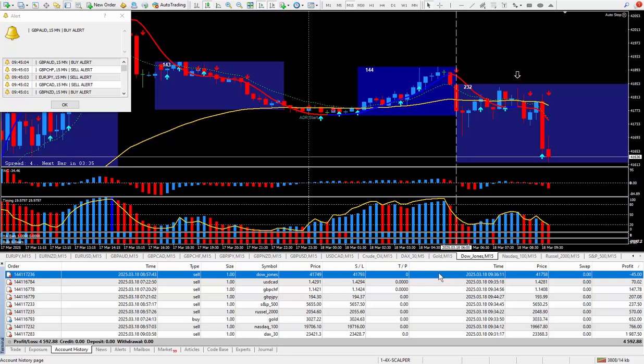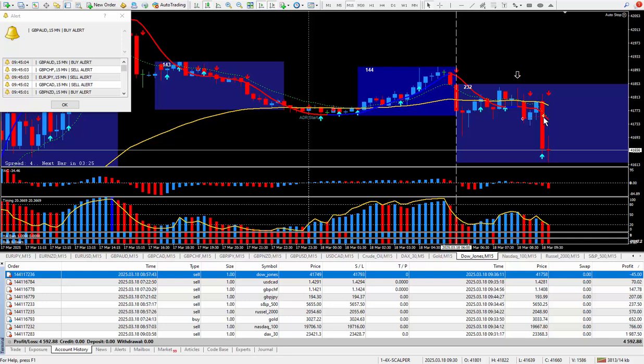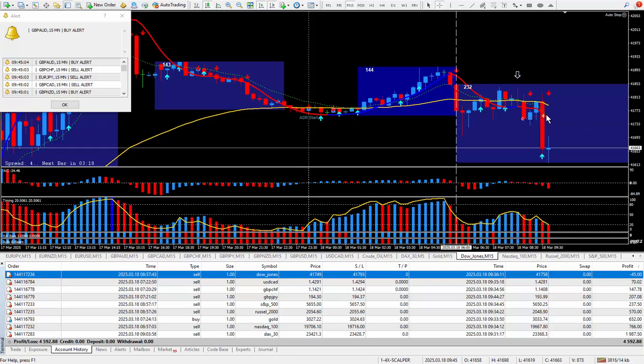So this trade right here, when I closed it out, let's see, Dow Jones, could have probably let it run longer and it would have turned into a winning trade. I closed it out here. And by the way, this time right here was the opening bell, and it was jumping around just as easy as going down.